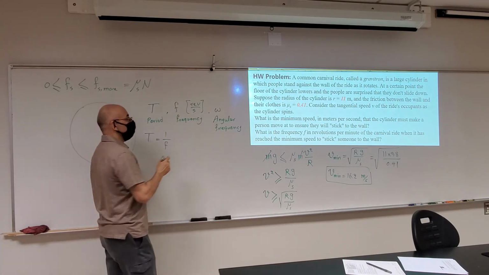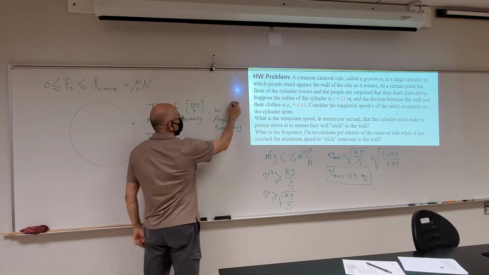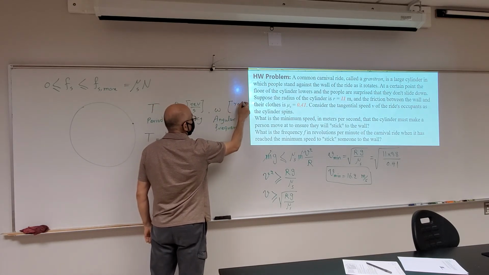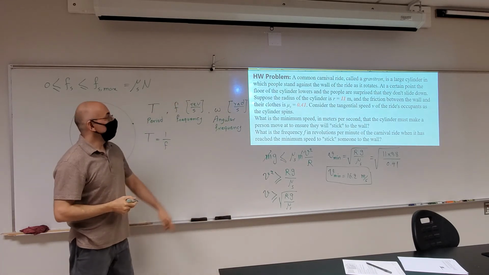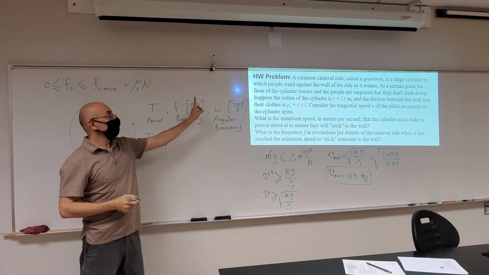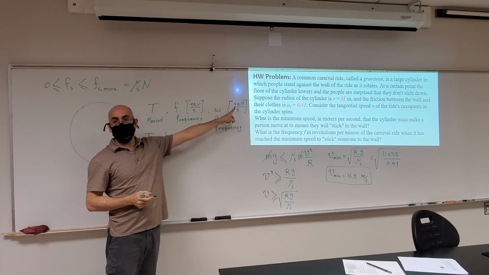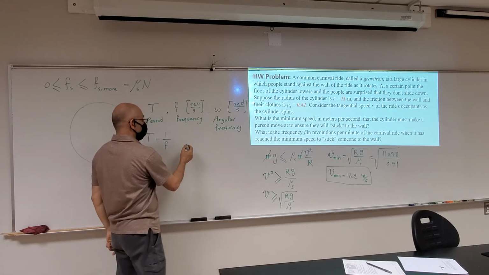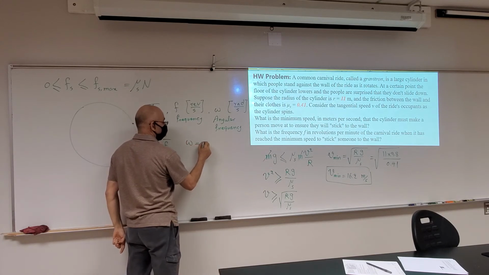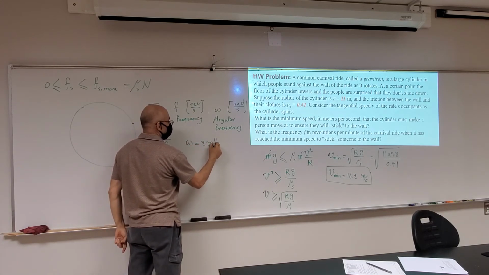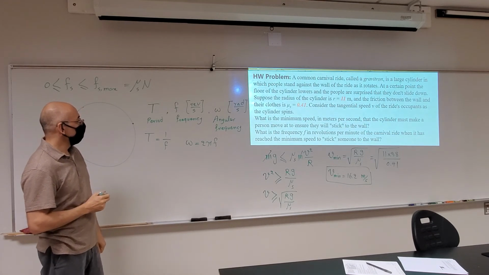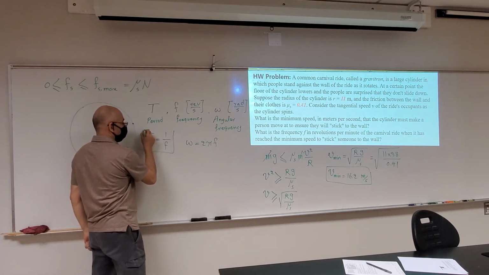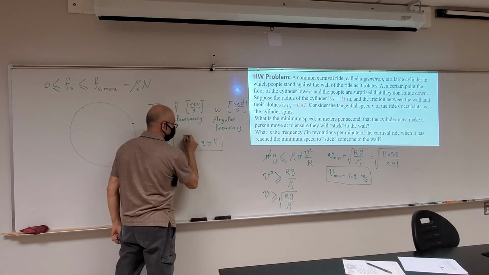And omega is radians per second. And one revolution is 2 pi radians, right? So that's why omega is equal to 2 pi times f. These are the formulas for uniform circular motion.